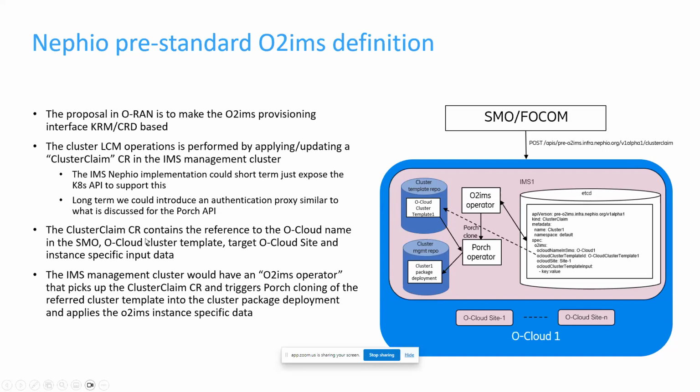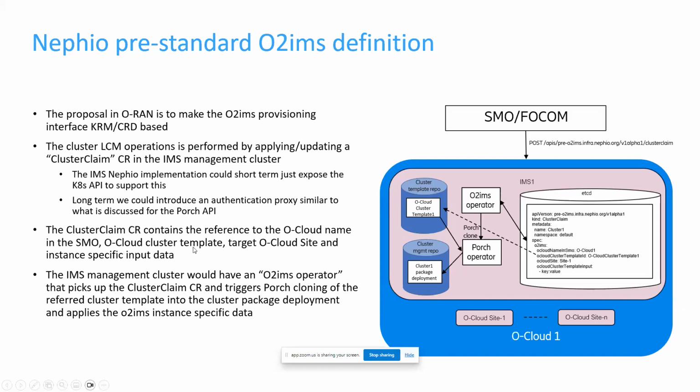So far, my thinking was that we should have a reference to the OCloud name. The way I understood it in ORAN is that you have a representation of the OCloud in the SMO, the way the SMO sees the OCloud, and that is the name I'm referring to here, the way the SMO has identified this OCloud.